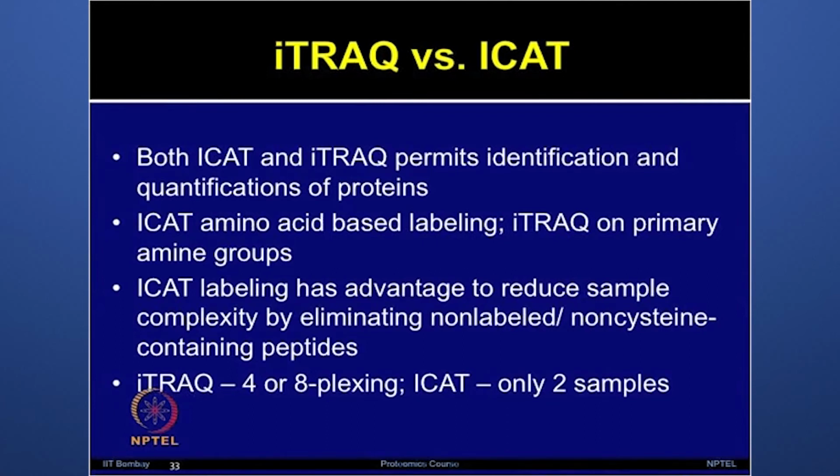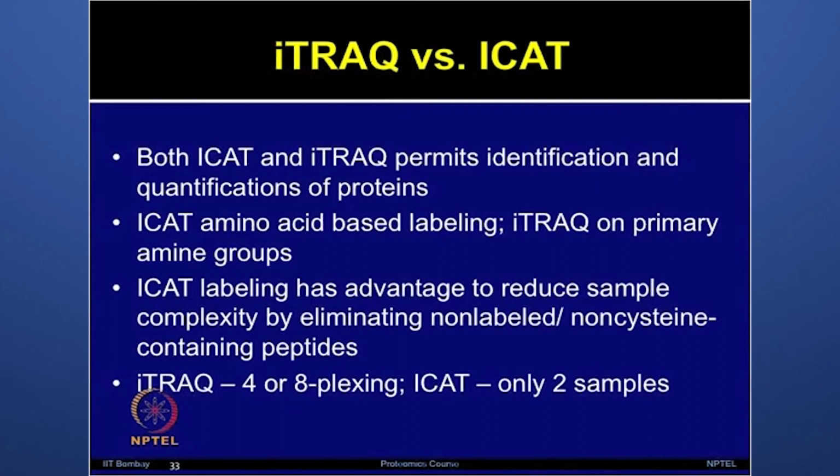ICAT is an amino acid based labeling method which we discussed earlier, and iTRAQ, as we talked about today, is based on the primary amine groups. So, iTRAQ potentially allows tagging of all tryptic peptides. ICAT labeling has the advantage of reducing the sample complexity by eliminating the non-labeled or non-cysteine containing peptides.